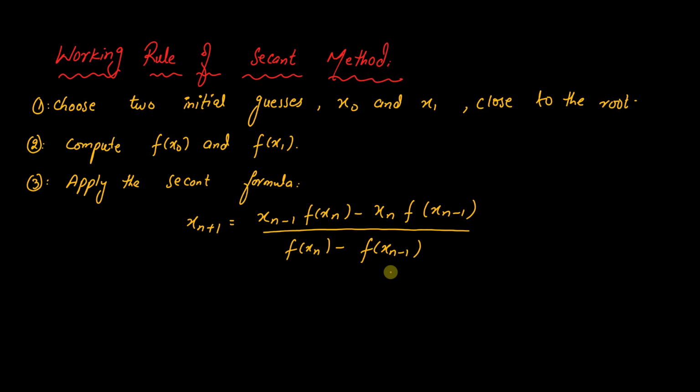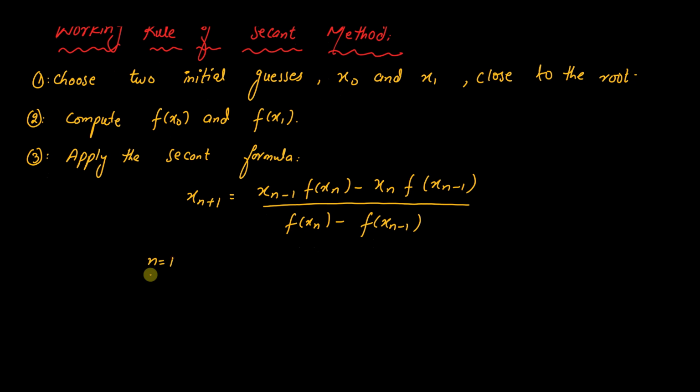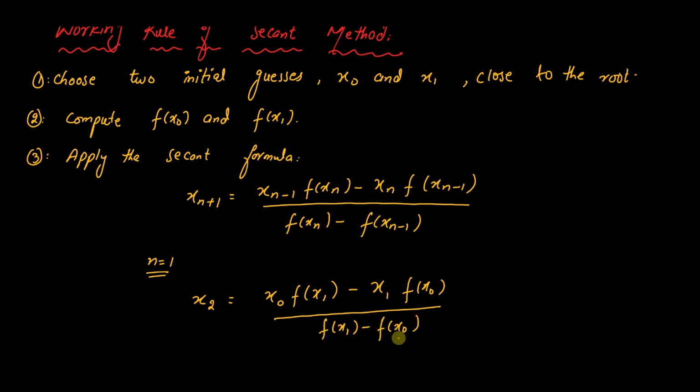Here we just put n equal to 1 in this generic formula, turning it into a customized formula. It becomes x2 equals x naught times f of x1, minus x1 times f of x naught, divided by f of x1 minus f of x naught.